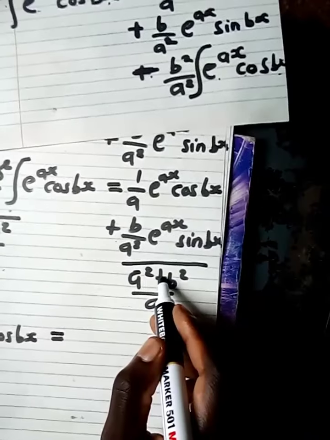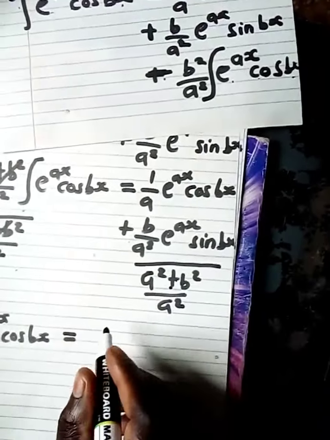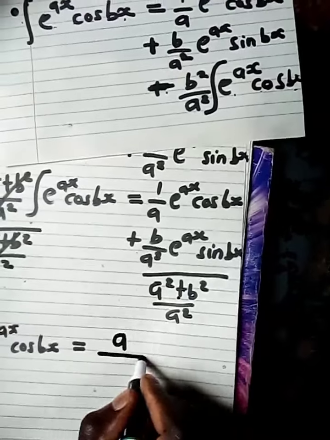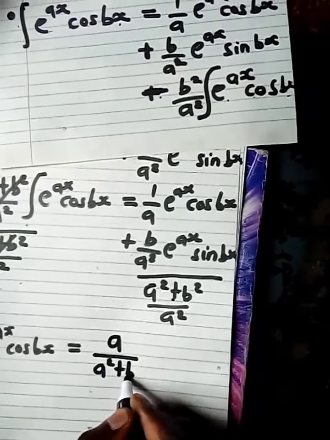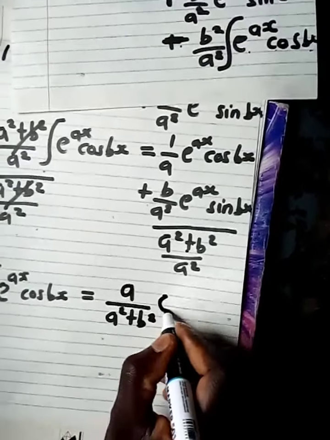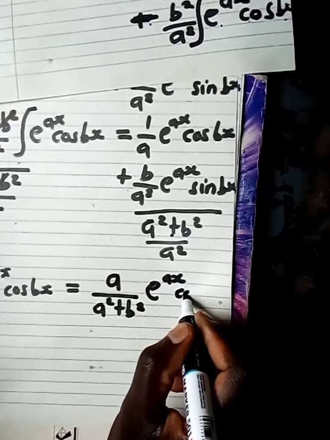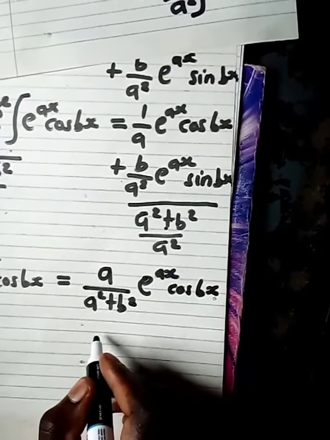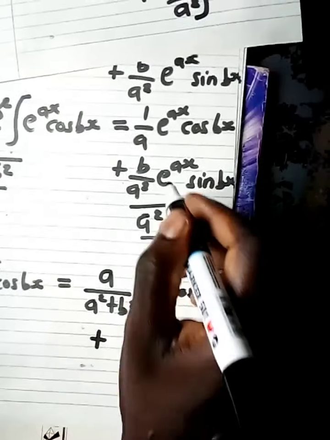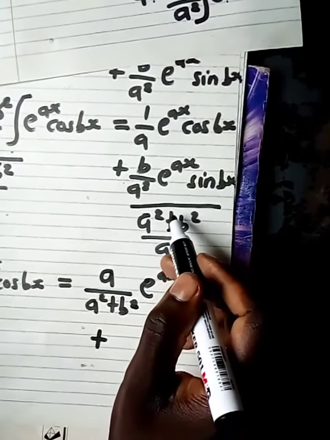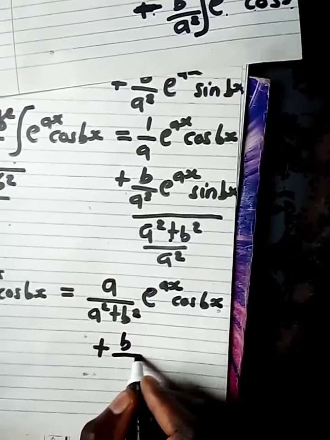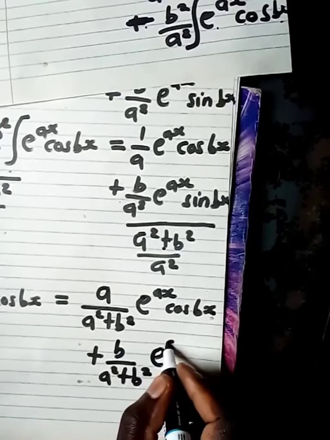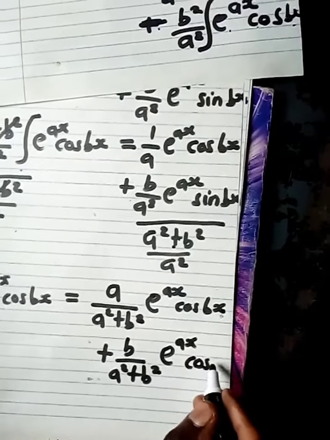So a will go with a, and I'll be remaining with a over a squared plus b squared exponential ax cos bx, plus this one works on that, so a squared will go with a squared, so I remain with plus b over a squared plus b squared exponential ax sine bx.